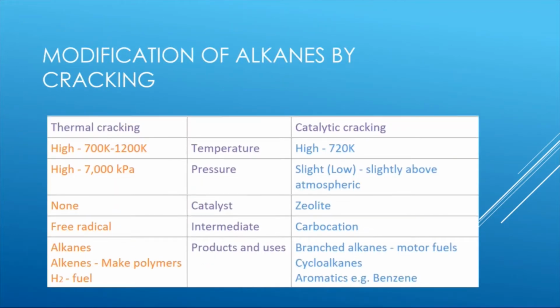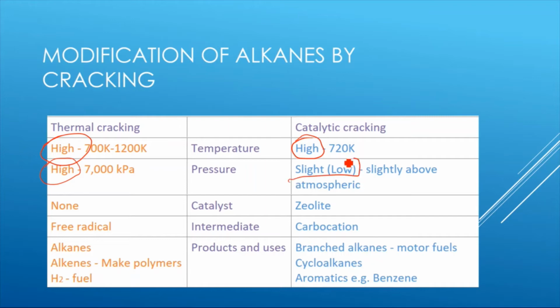Alright, so you just need to learn this table because there are a lot of questions which cover all this information. You need to know the difference between thermal and catalytic cracking. Thermal cracking uses high temperature. Catalytic cracking also uses high temperature. You don't need to know the exact temperatures that are used, it's just for comparison. Thermal cracking uses high pressure, whereas catalytic cracking uses lower pressure.